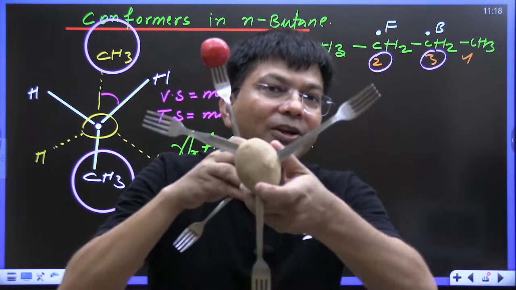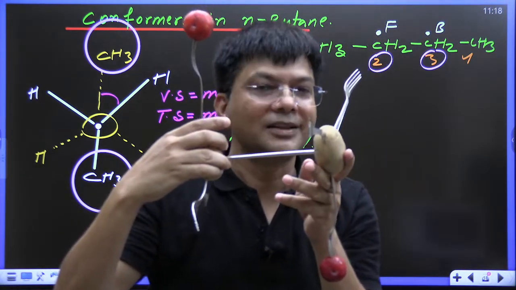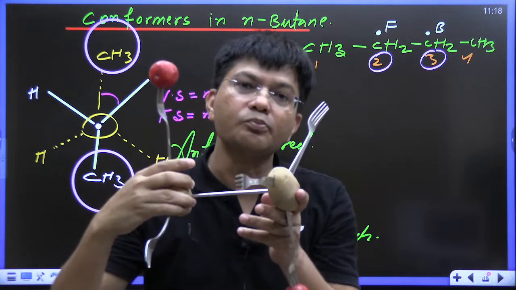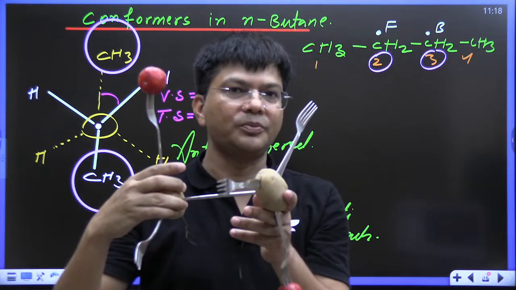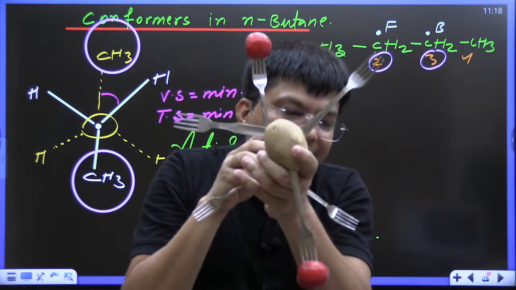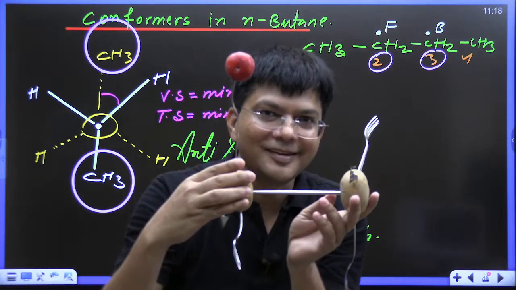Right now I am teaching conformational isomerism, and this model is homemade and this is the best. I have a number of models which I purchased from the market, but none of them is that valuable. This is just two potatoes, a spoon and a stick.